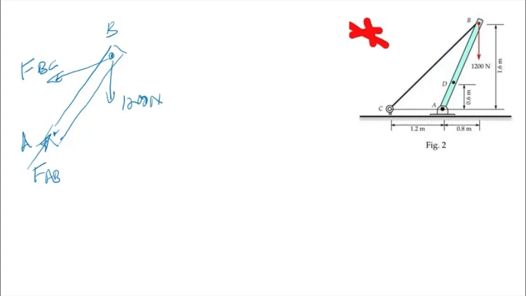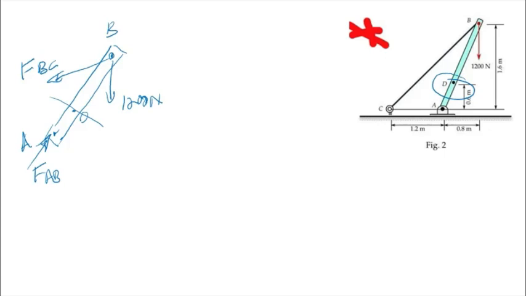But the question says find the internal forces at point D. Point D is somewhere in between A and B with a vertical height of 0.6. So what we need to do then is to draw the section free body diagram. You can take the section at D and take it from A, or we take it from B. So you can have one of the two diagrams.